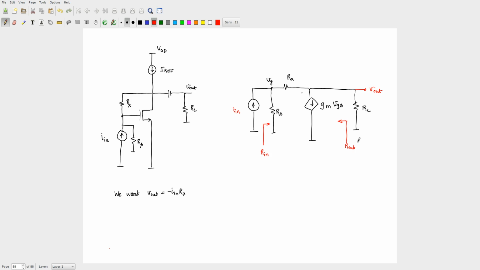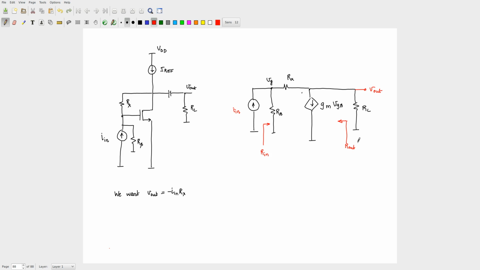In fact, I am not going to calculate R in here because this particular circuit, does it look familiar to you? Just think carefully. How did we start the class today?